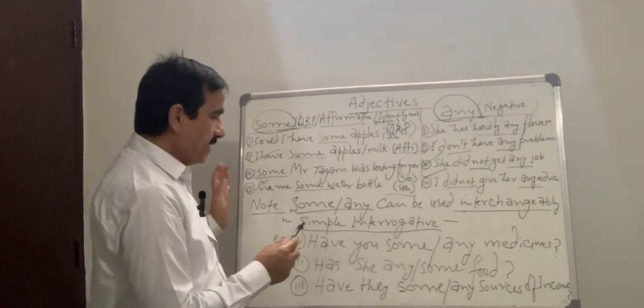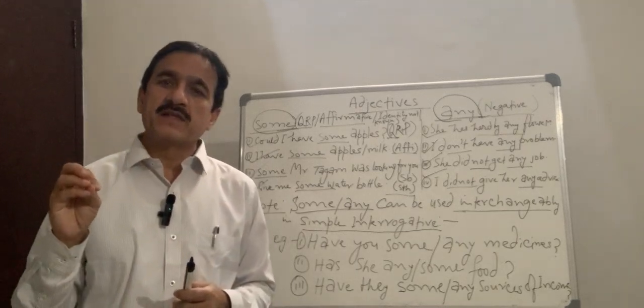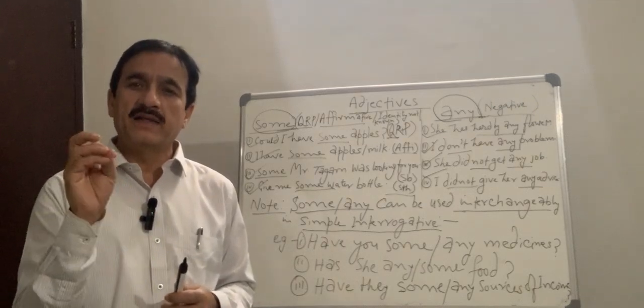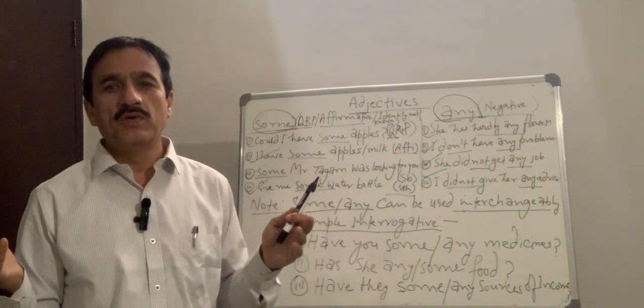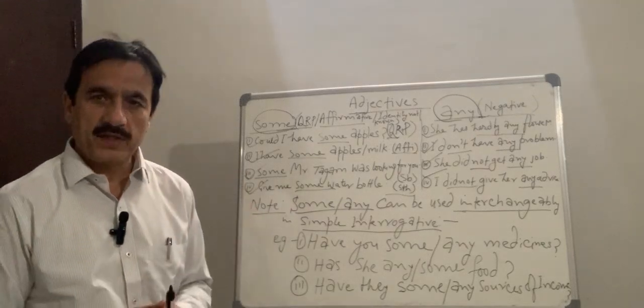When it is a simple interrogative. In a simple interrogative sentence, it depends on you. You can use either some or any. Both can be used interchangeably and it will be grammatically correct.